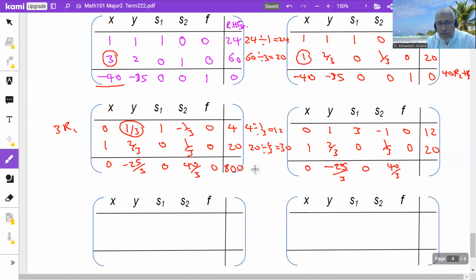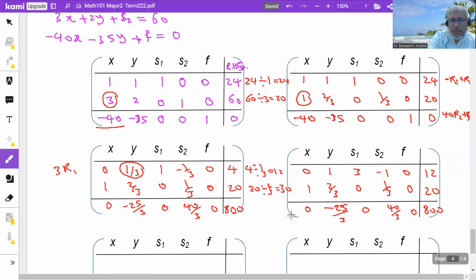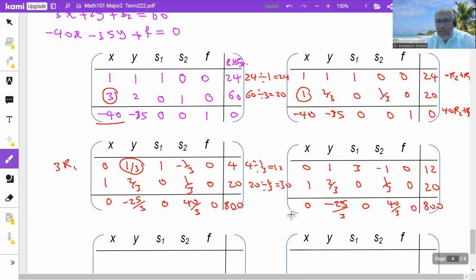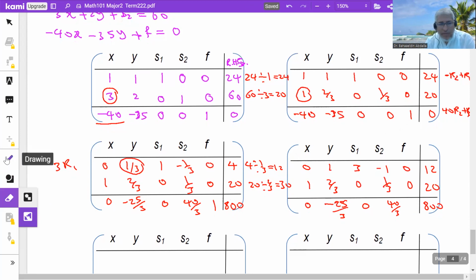There is a 0 here and 800. In fact, this number is 1, it's not a 0. And also this number is f, it is the coefficient of f.